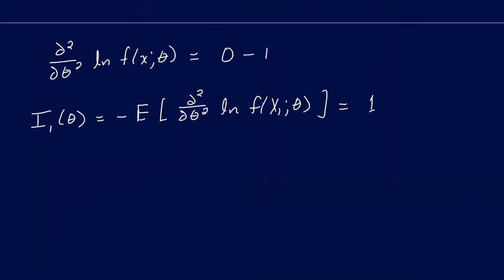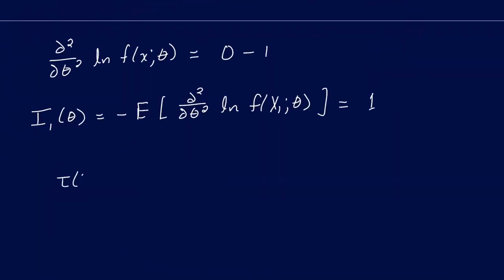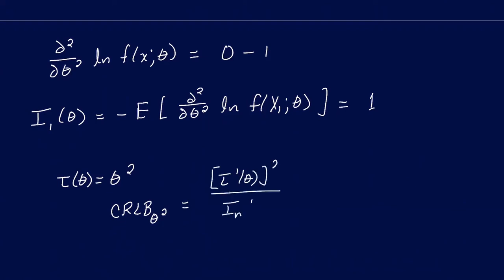So we've got our Cramer-Rao lower bound. Remember, we're trying to estimate tau of theta equals theta squared. The Cramer-Rao lower bound for theta squared, or for tau of theta, is going to be the derivative squared over the n-dimensional Fisher information.